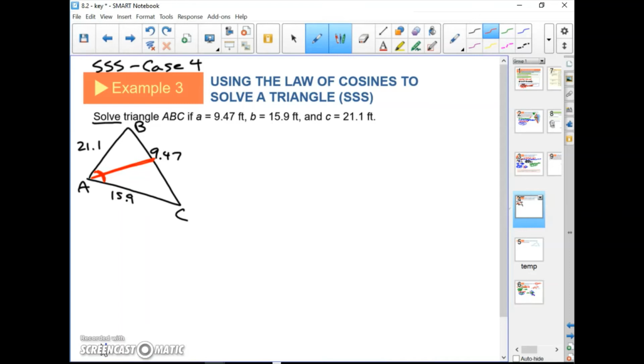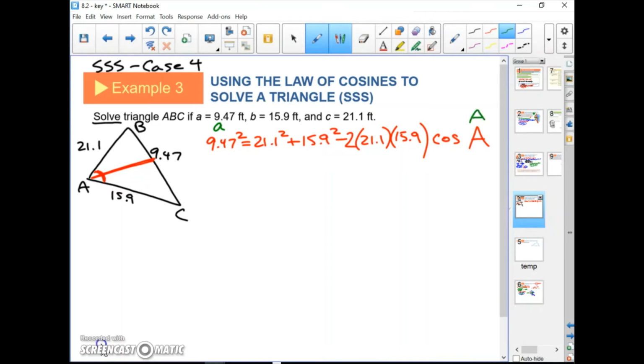And so how I would set this up is I would say 9.47 squared is equal to 21.1 squared plus 15.9 squared minus 2 times 21.1 times 15.9 cosine of angle A. So again, I think the most important thing to notice is that side A is on the far left and angle A is on the far right. Make sure you put the numbers in the corresponding spots. Okay, so I have to solve for angle A.